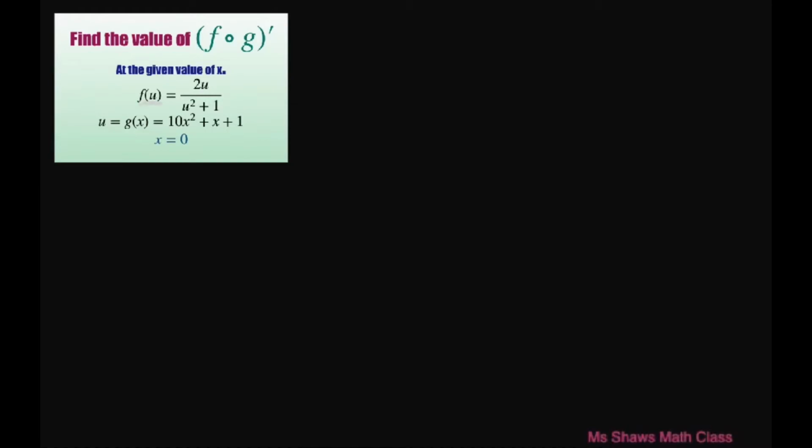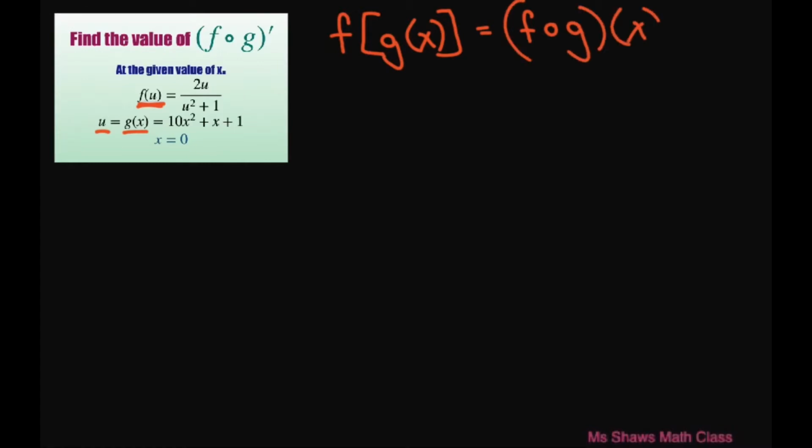We have f of u, and we have u as g of x. So I can write this as f of u, but my u is g of x. This is the same as f of g of x. So we want to find the derivative.